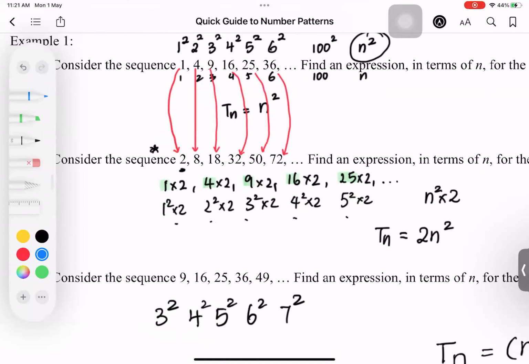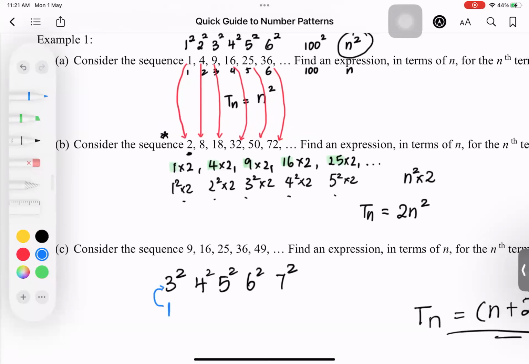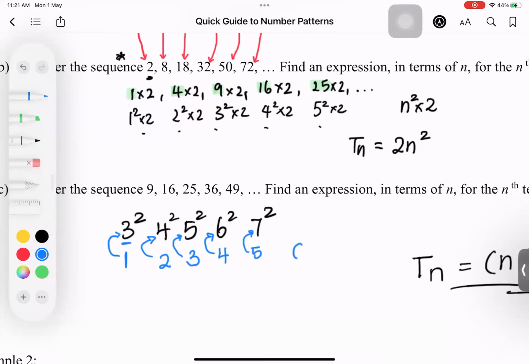This is my first term, and it's 3 square. This is my second term, 4 square. This is the third term, 5 square. This is the fourth term, 6 square. Fifth term, 7 square. Can you tell me, if I take the 6th term, what will it be?